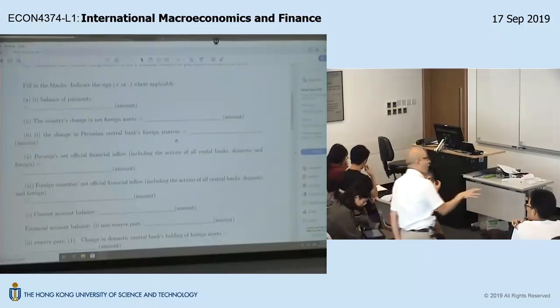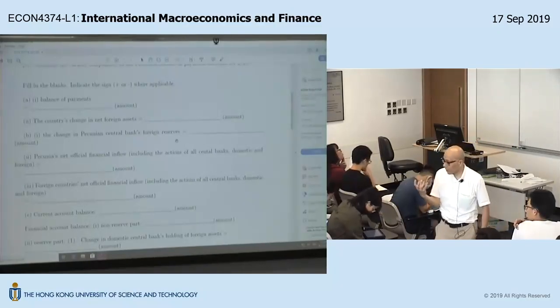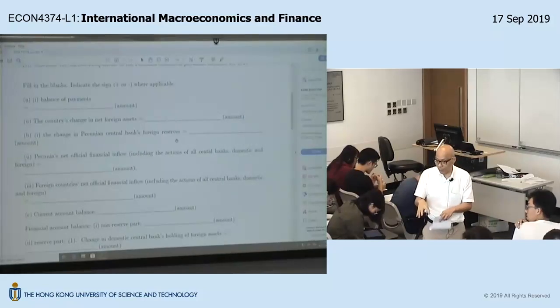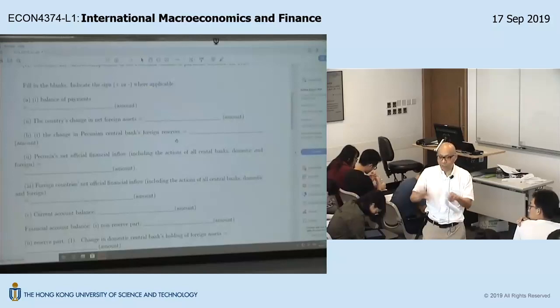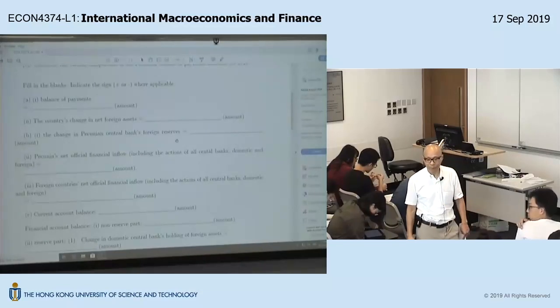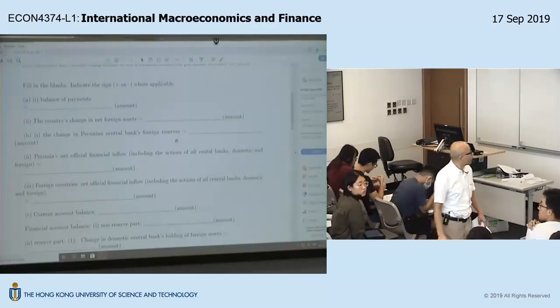The official part of the financial account only documents the action of the domestic central bank and foreign central banks. The action of any other actors will be in the non-reserve part of the financial account. Yeah, but if you sum up the 1 billion with 2.4 billion, and then sum up the current account, it is not equal to 0.